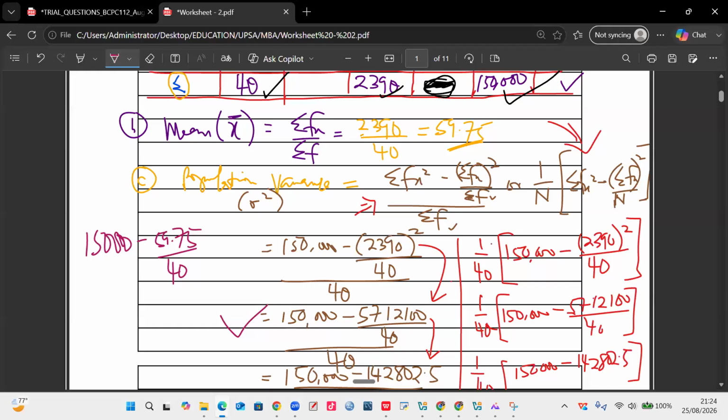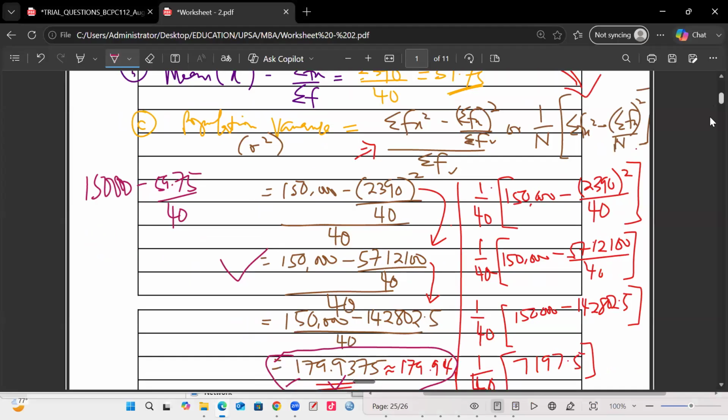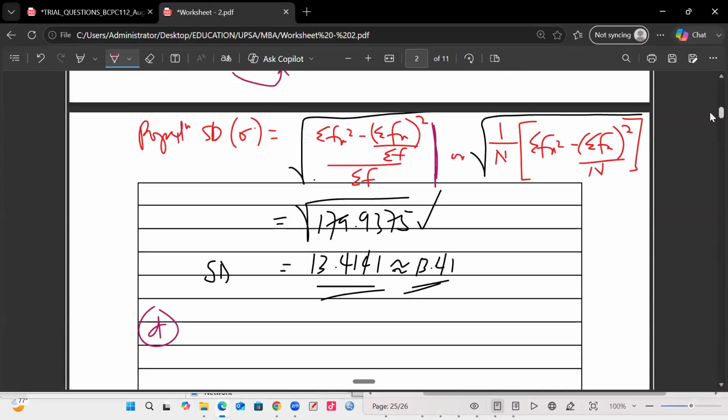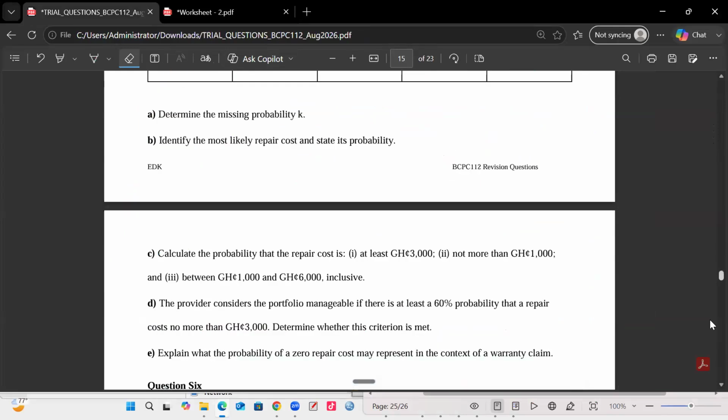Yeah, it's another formula. There are several formulas for it. It's correct. Let's check. You can use that also.